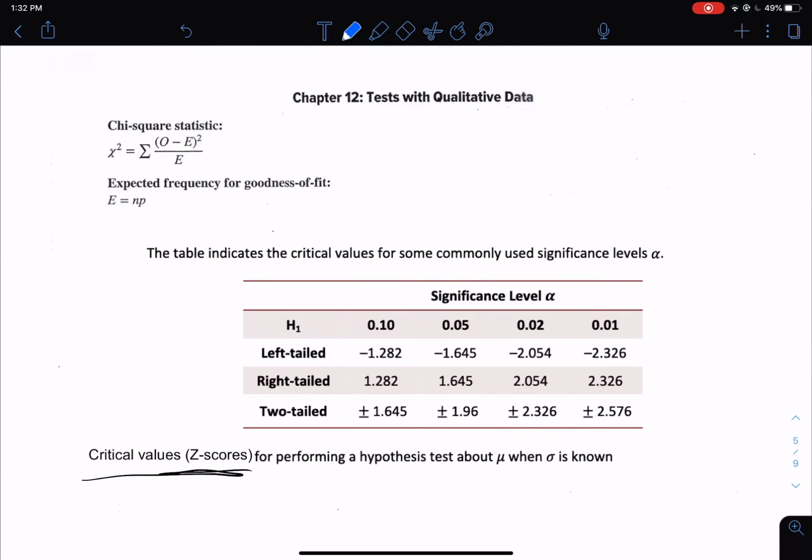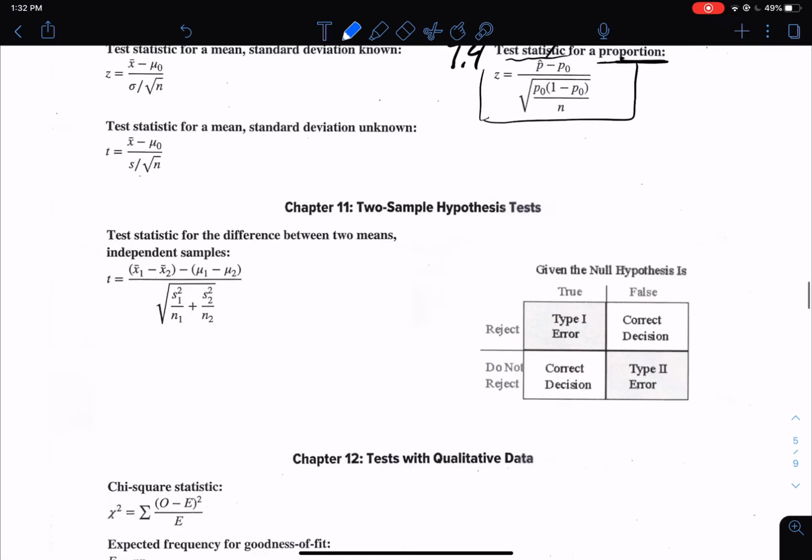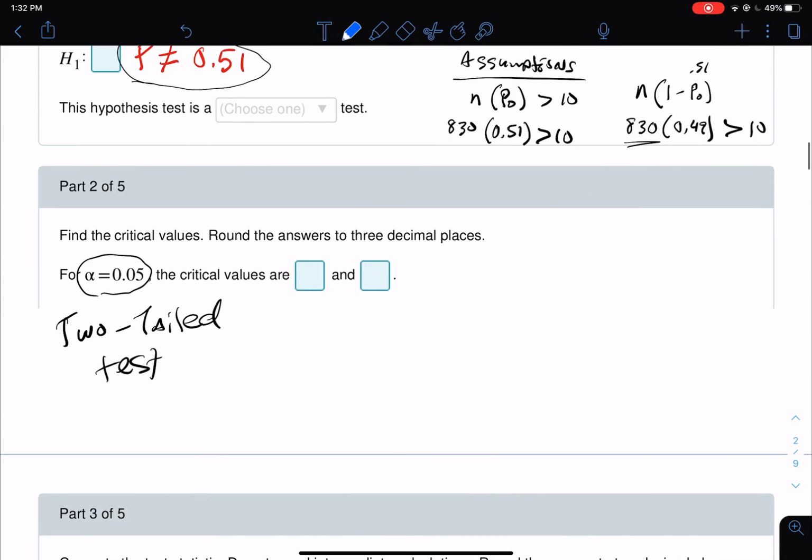Remember, it was a two-tailed test, so we're looking at two-tailed. And I believe the level of significance is 0.05. So that means our critical values are going to be plus or minus 1.96. So we got negative 1.96, and the other one is positive 1.96. Those are our critical values.